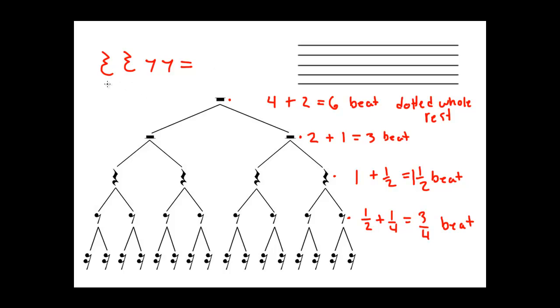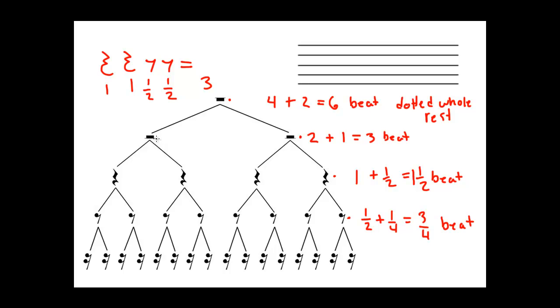So if we were to look at this, our quarter rest is worth 1, quarter rest worth 1, 8th rest is worth a half, so we have a half plus a half. Okay, adding up all those together, we'd end up with 3, so we need something that is worth 3 beats.